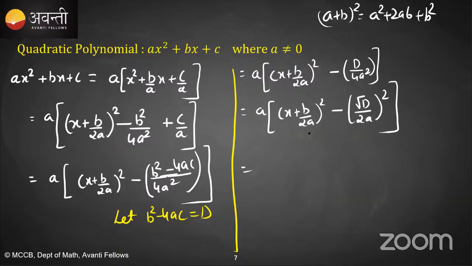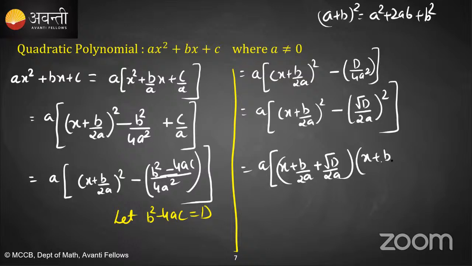So what is this? a square minus b square, which is nothing but a plus b, a minus b. So x plus b by 2a plus root d by 2a, into x plus b by 2a minus root d by 2a. Is this clear so far?